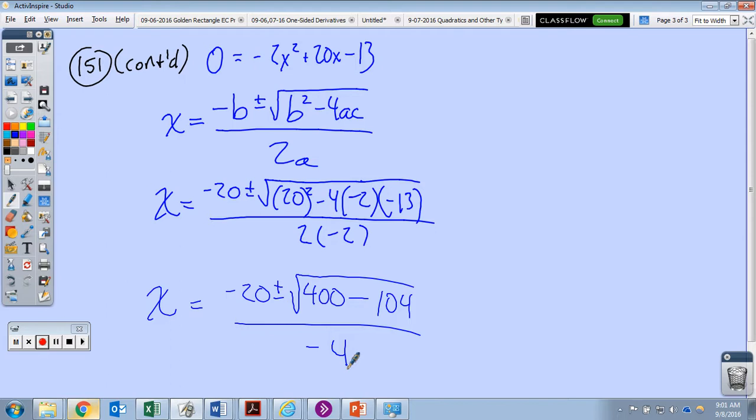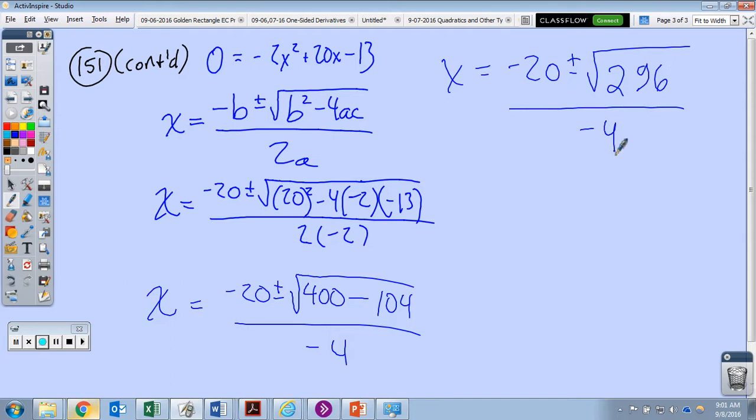So x is equal to negative 20 plus or minus the square root of 400 minus 104, which is 296, all over negative 4.